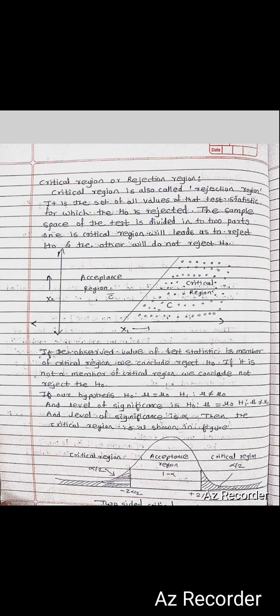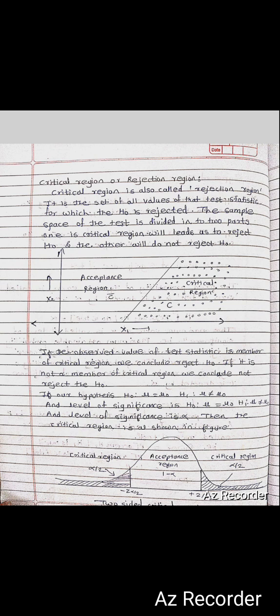Whenever we set the hypothesis, there is a possibility that our hypothesis is accepted or rejected. Then there is an acceptance region or rejection region. Whenever we solve any example and the value lies in the critical region, that is our rejection region.